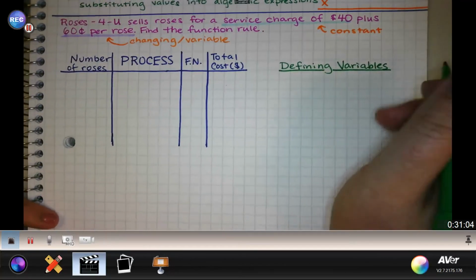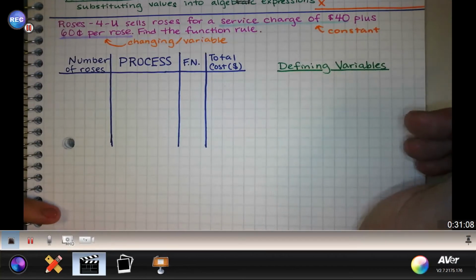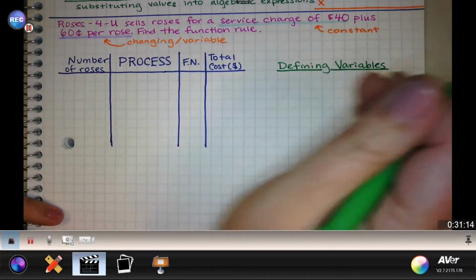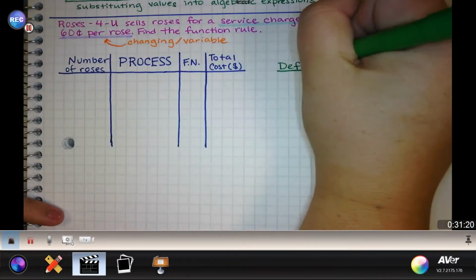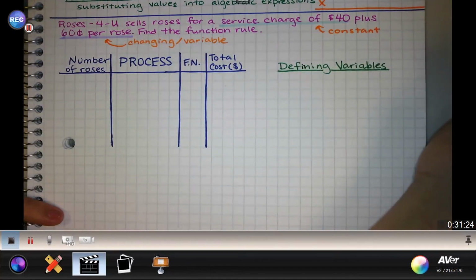So you kind of have two options when you have variables. Sometimes the problem tells you, hey, use this letter and this letter, and you just have to use them because they tell you to. The other option is, in this case, they don't give me any, which means I need to pick. But you can't just pick and pretend like the person who's reading your work, aka Miss Azor, knows what you're talking about. You need to tell me what they mean.